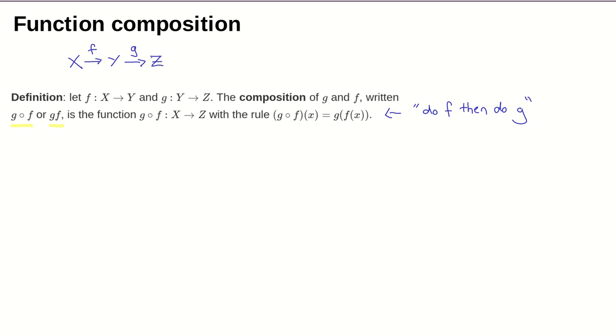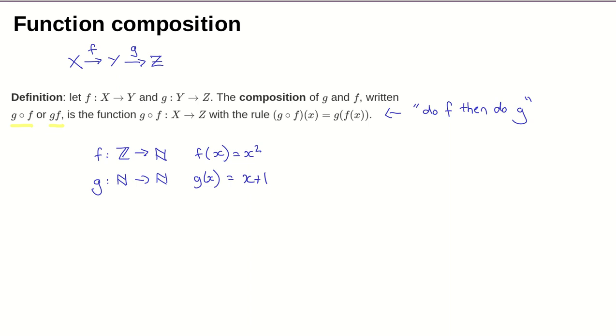Okay, let's see a very quick example of this. We might have, for example, the function F from Z, the set of integers, to the set of natural numbers, given by the rule F of x equals x squared, and we might have a function G from N to N, given by G of x equals x plus 1.